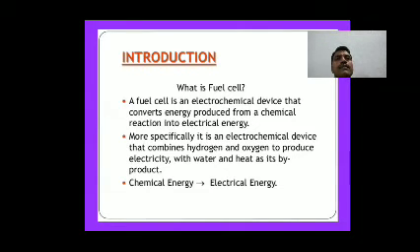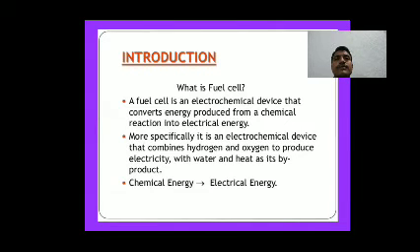The cell consists of two porous carbon electrodes containing platinum or palladium as a catalyst to increase the rate of reaction. These two electrodes are placed in sodium hydroxide as the electrolyte.